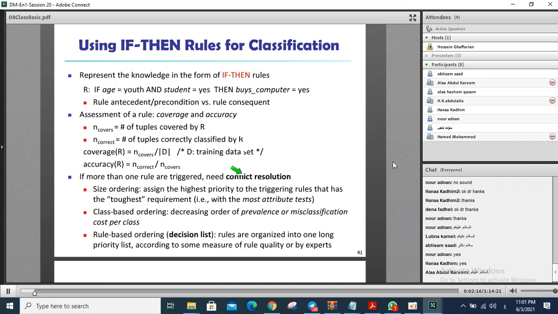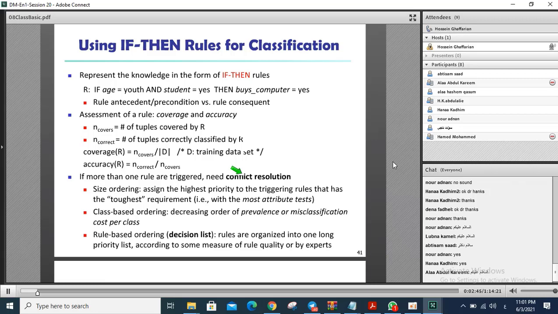However, sometimes we may have conflicts in the results, and more than one rule may be fired according to their antecedents.